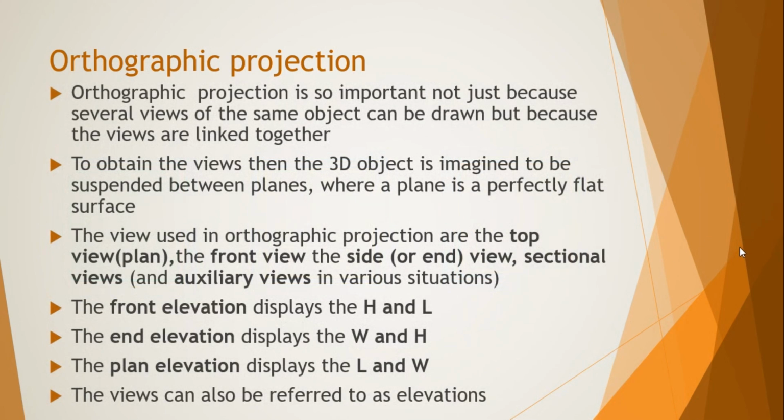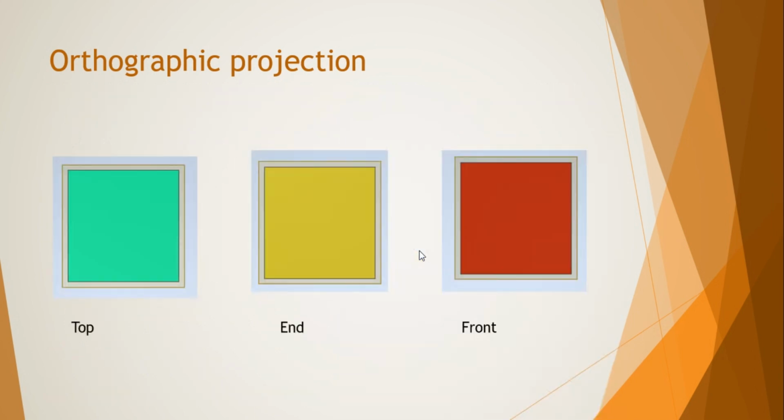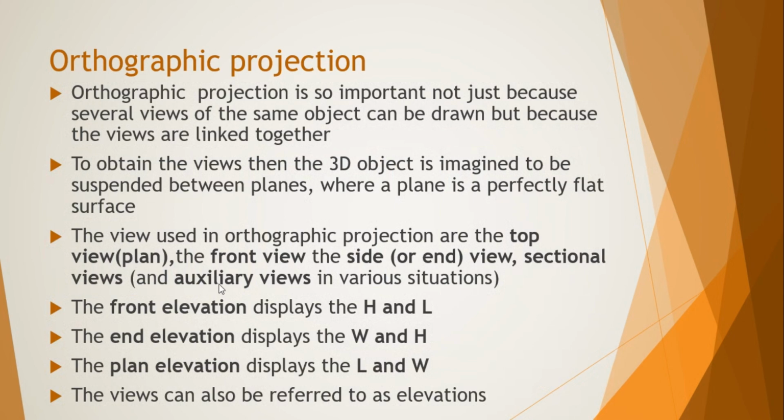Orthographic projection is important not just because several views of the same object can be drawn, but because the views are linked together. To obtain the views, the 3D object is imagined to be suspended between planes, just as we have demonstrated here, where the plane is a perfectly flat surface.